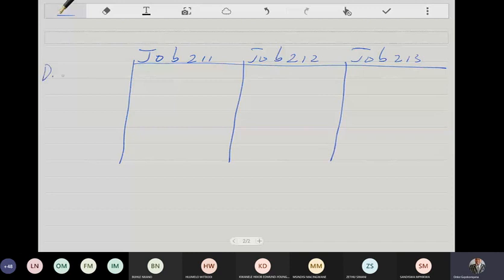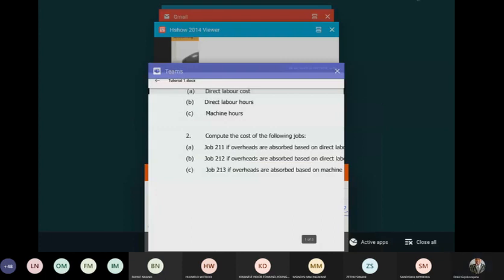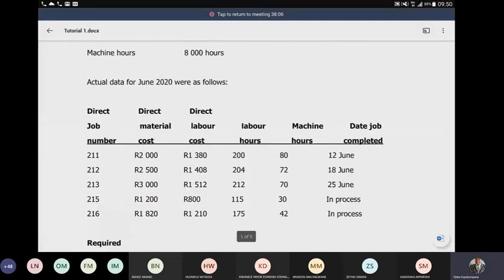So we start with direct material. Now you are no longer using the budgeted information, but you are coming to the actual data for the particular month.